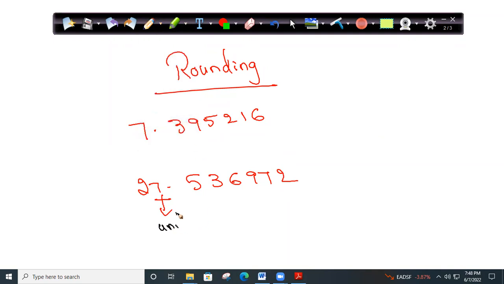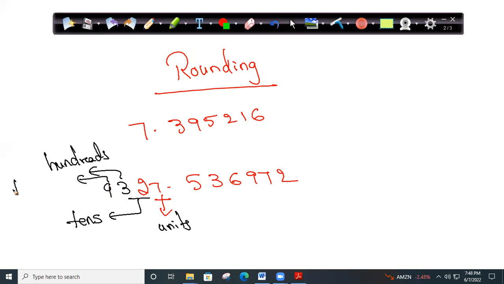Units. What is this 2 called? Tenths. If I have a number 3, this is called hundreds. If I have some 9 before this, it is called thousands. If I have some 6, ten thousands. We know this, right?